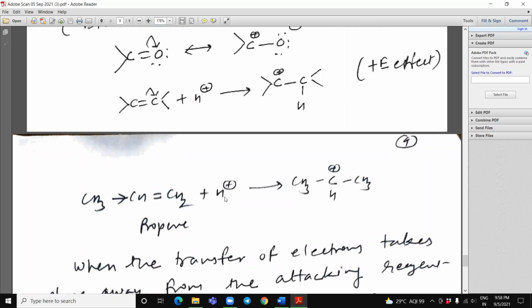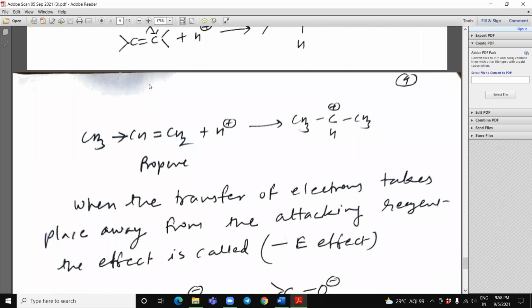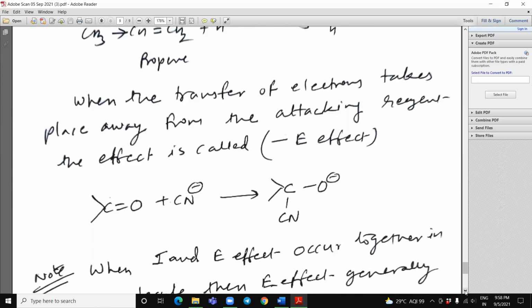Suppose propene is there, so here it will transfer electrons, and when a proton is added, it will give a secondary carbocation. When the transfer of electrons takes place away from the attacking reagent, the effect is called minus E effect, minus electromeric effect.